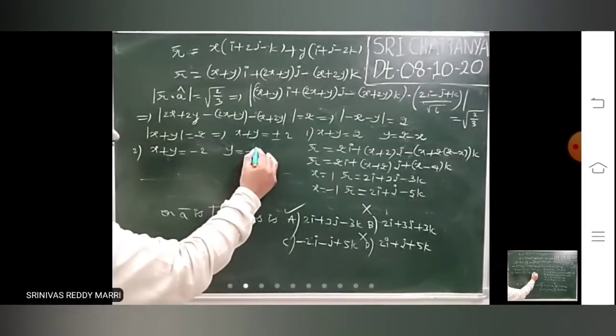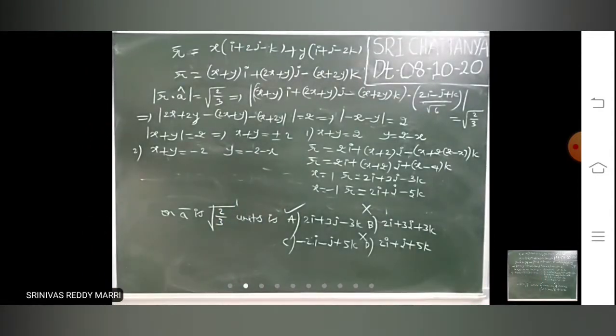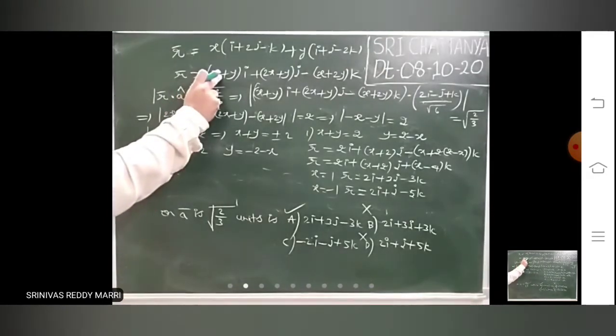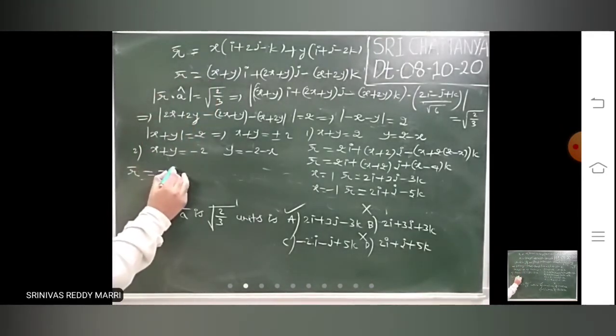So y equal to minus 2 minus x. Now I am writing r bar. R bar is nothing but x plus y is minus 2i you will get.